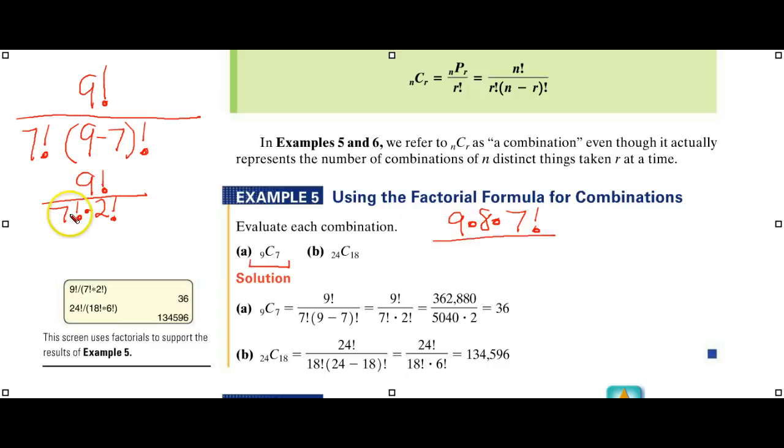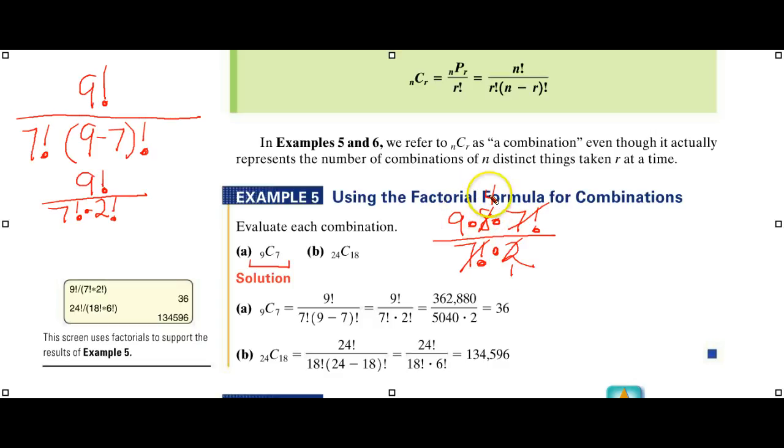And then this is going to be 7 factorial there. And then we know that 2 factorial is just 2. Now we know we can cancel this out. 2 will go into there once. 2 will go into there 4 times.